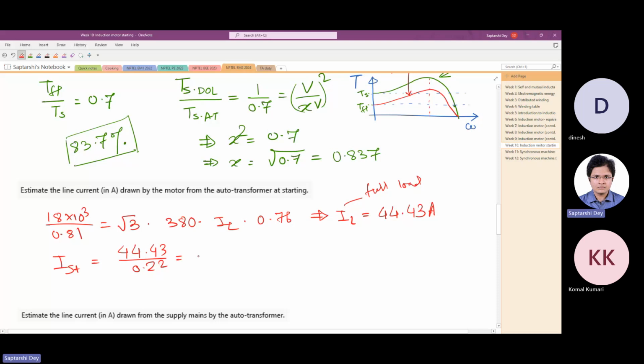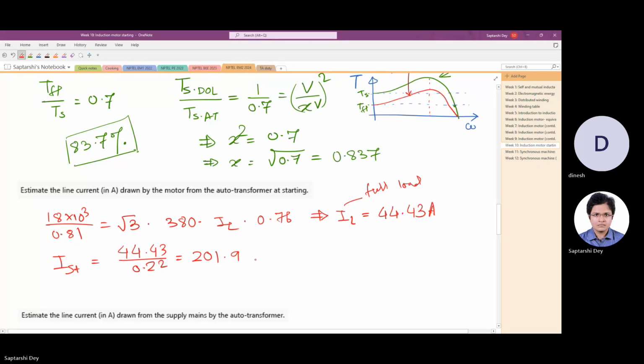Let's check once: 201.9 ampere. So as of now, whatever we have done is all for DOL, direct online starting, because these are all natural characteristics.